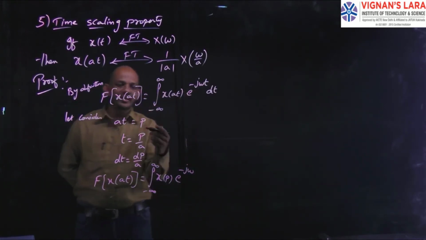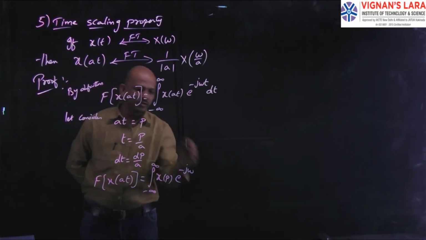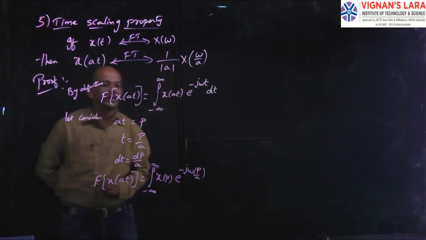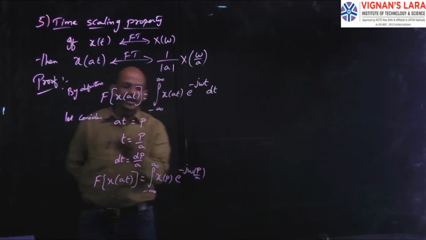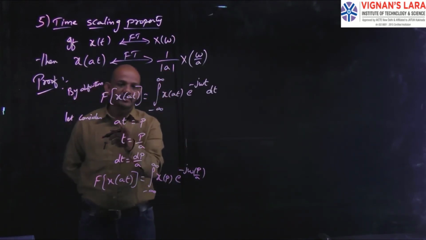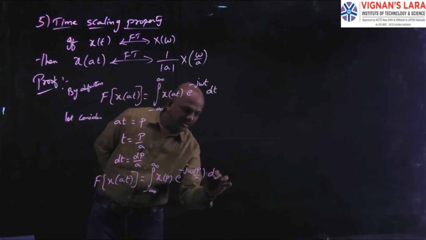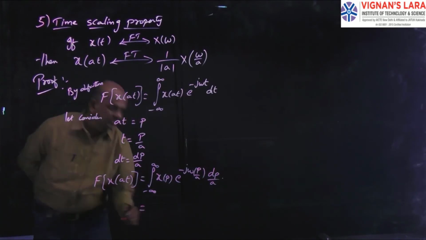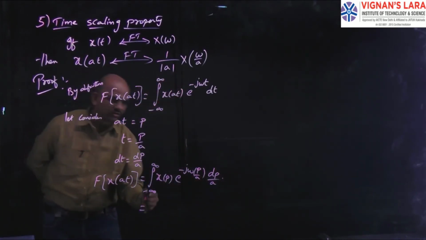In place of t I can write p by a, because at equal to p means t equals p by a. In place of dt, I have to write dp by a. So the dt will be changed to dp by a, and this a is a constant, so bring that outside of the integral.